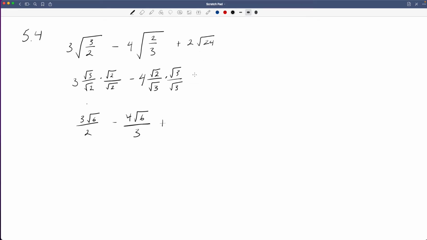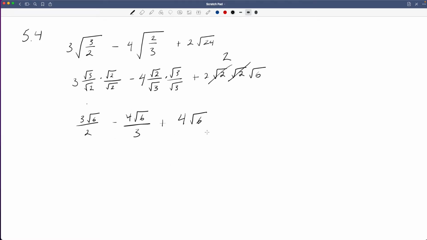Now we need to simplify this. Now what I could do here is factor out 24. And I know that that's going to be 2 times 12, which is 2 times 6. And I know that 6 is 2 and a 3, so I can't factor anything out there. So that becomes a 2. 2 times 2 is 4 times the square root of 6.